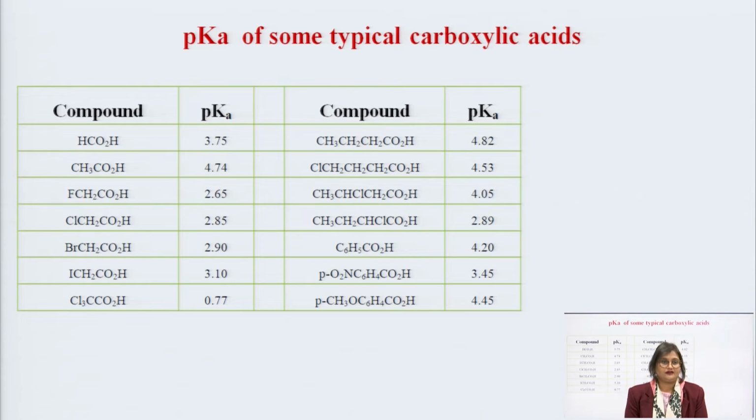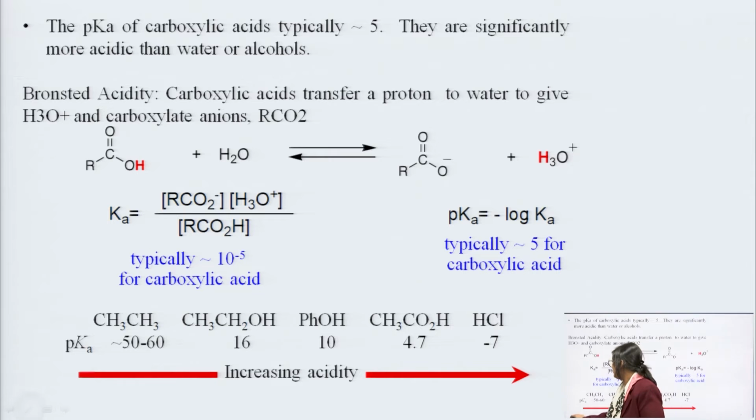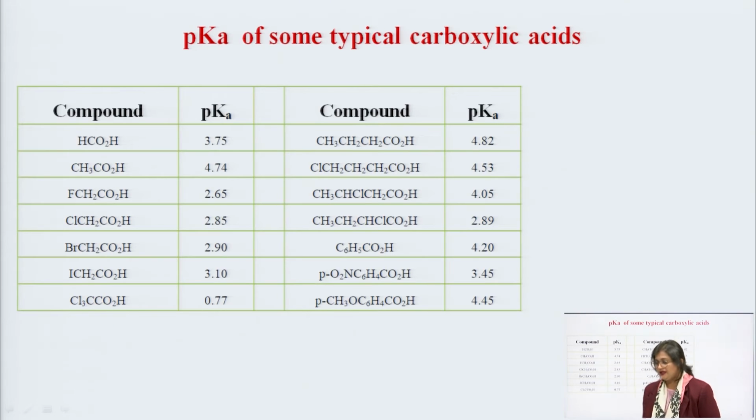Suppose if we take for example formic acid, HCOOH, the pKa value of this compound is 3.75. Similarly, the pKa value of acetic acid is 4.74.